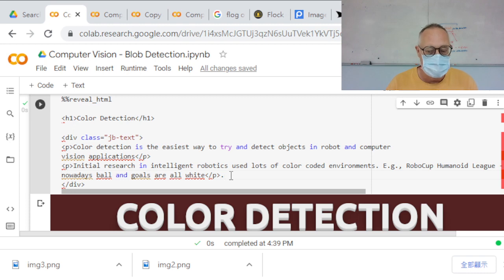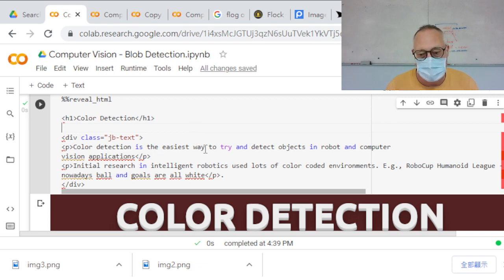Looking just for the colors turned out to be very error prone. In fact, this whole chapter on blob detection is just trying to show you how difficult it is to use color detection even in simple environments.